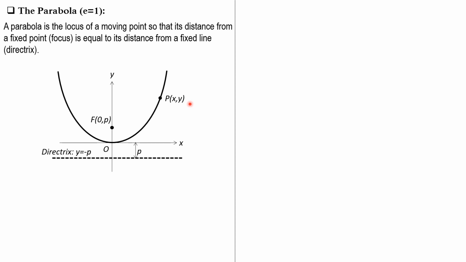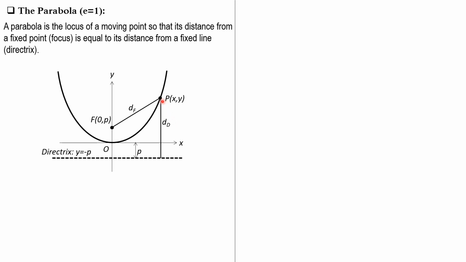So that its distance from the focus, denoted by d sub f, is equal to its distance from the directrix, denoted by d sub d. And this d sub d here is simply, because this is y, from that point to the x-axis, that's y. And from the x-axis to the directrix, that's p. So this is y plus p, which is distance d.